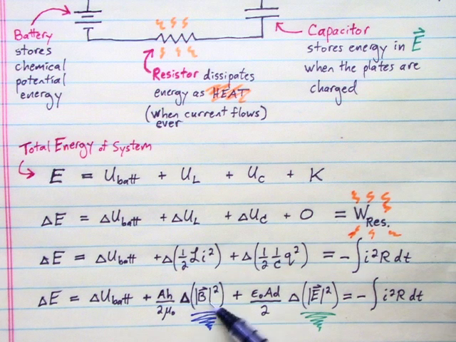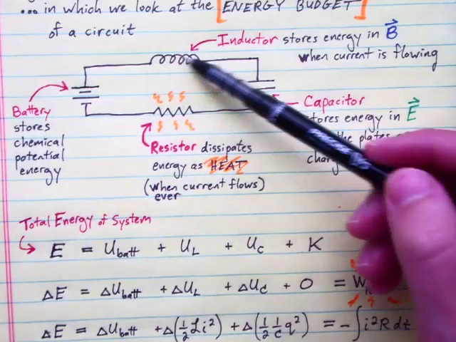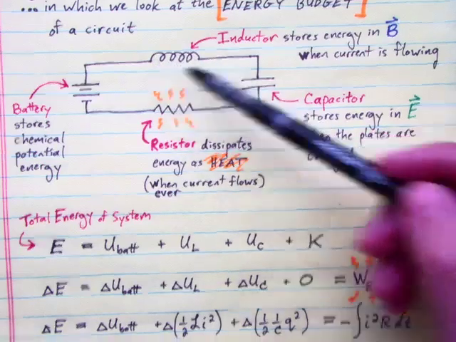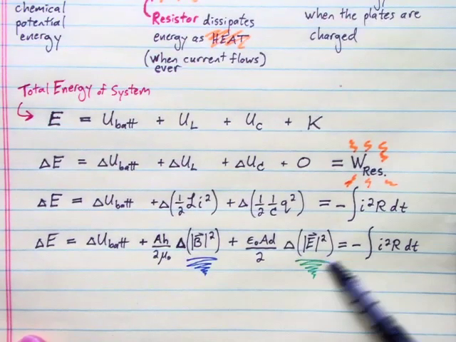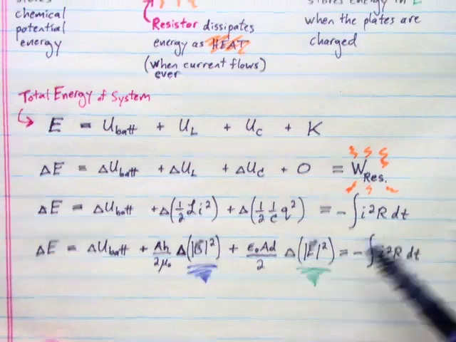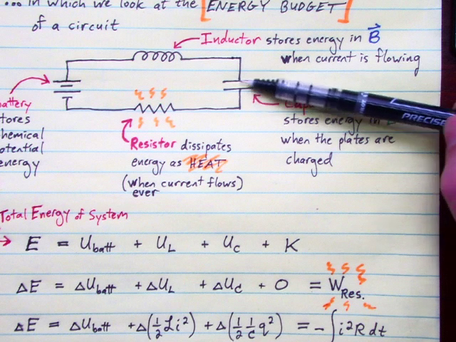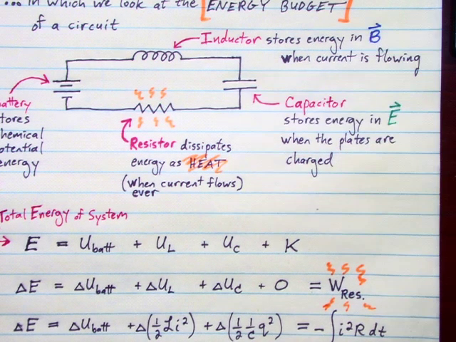It's the field that stores energy, the B field, the magnetic field, storing energy inside the coils of the inductor. And in our capacitor, a change in the E field strength squared between the plates results in a change in the energy stored, because it's the E field in between the plates that is storing the energy that the capacitor is storing.